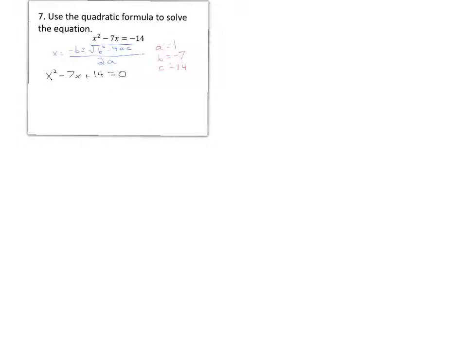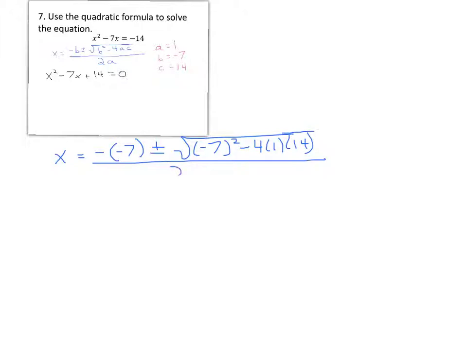So that gives us x equals negative b, b is negative 7, plus or minus the square root of b squared minus 4 times a times c, over 2 times a, equals negative of a negative 7 is 7 plus or minus the square root.